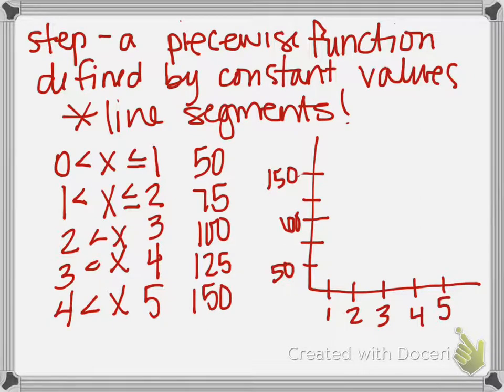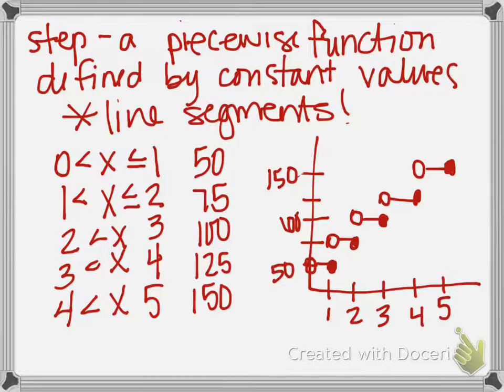So when we go to graph this, anything between more than 0 and up to 1 is going to be $50. Anything above 1 and up to 2 is going to be $75. Above 2 and up to 3 is $100. Above 3 and up to 4 is $125. And above 4 and up to 5 is $150.